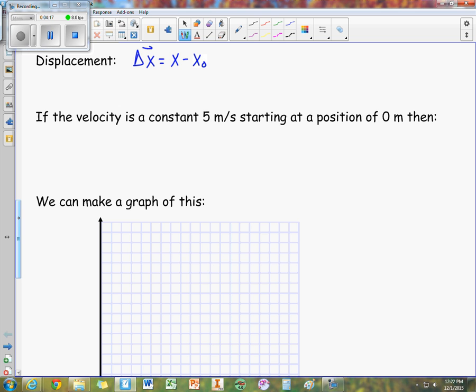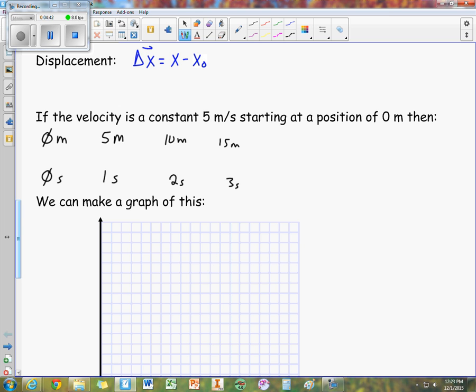Let's say an object is moving at a constant 5 meters per second, starting at 0 meters. Well, that means in that 0 meters, the time would be at 0 seconds. At 1 second, it would have gone 5 meters. 2 seconds, 10 meters, 3 seconds, 15 meters.